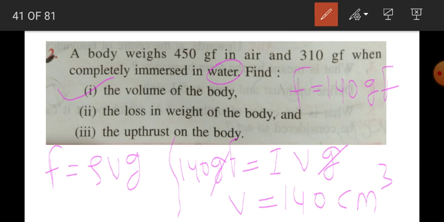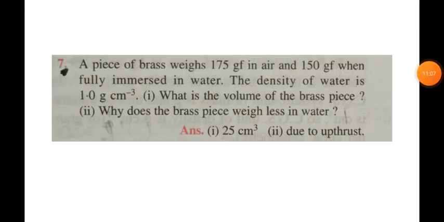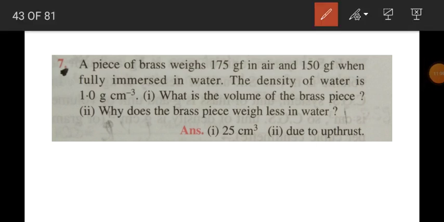So now let me move on to other numericals as well. Check this one, everybody. A piece of brass weighing 175 gram force in air and 150 gram force in water.